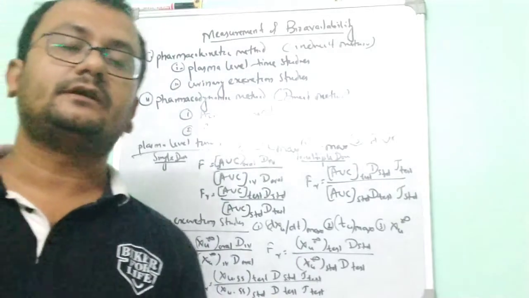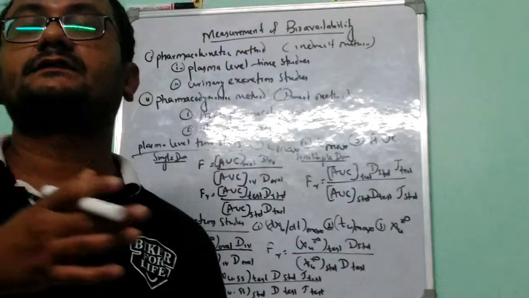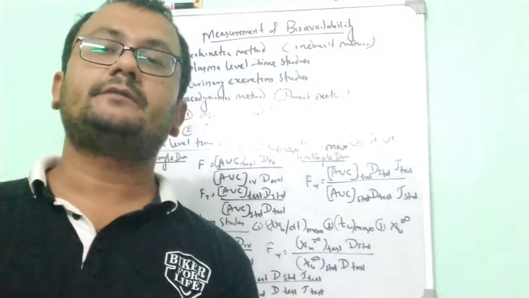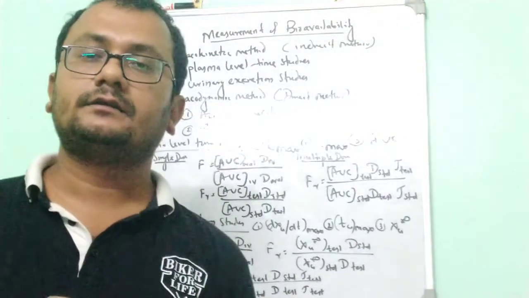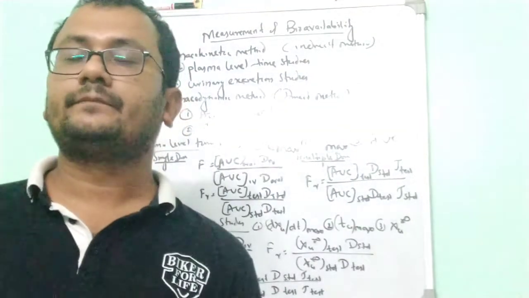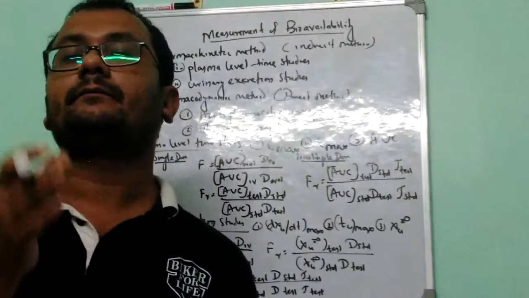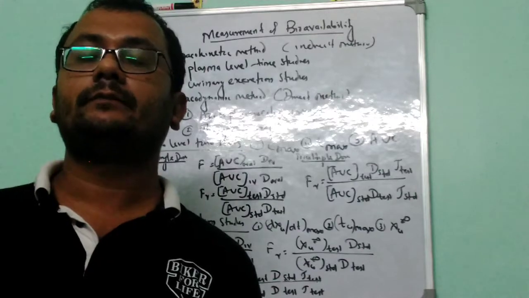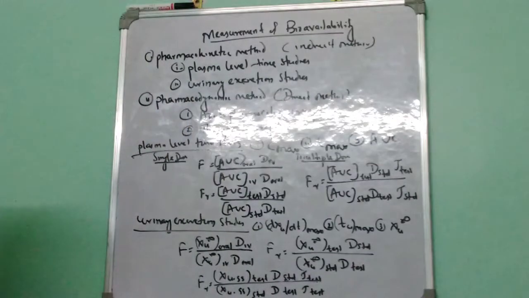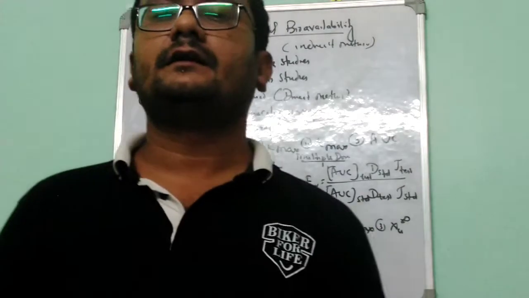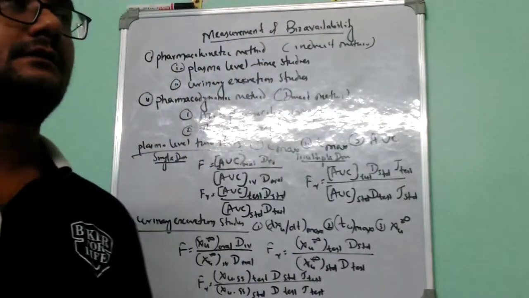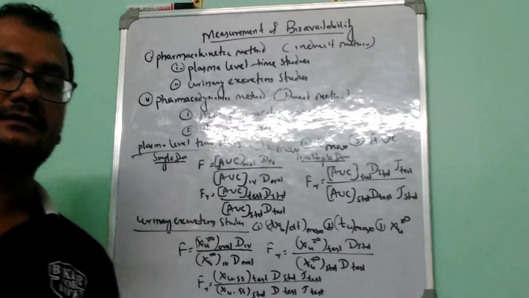If you are taking a multiple dose study, then we have to maintain the dosing interval of the drug, and the sampling time will also be longer. In a multiple dose study, we have to take samples up to 5 to 6 elimination biological half-lives so that we'll get the correct reading.